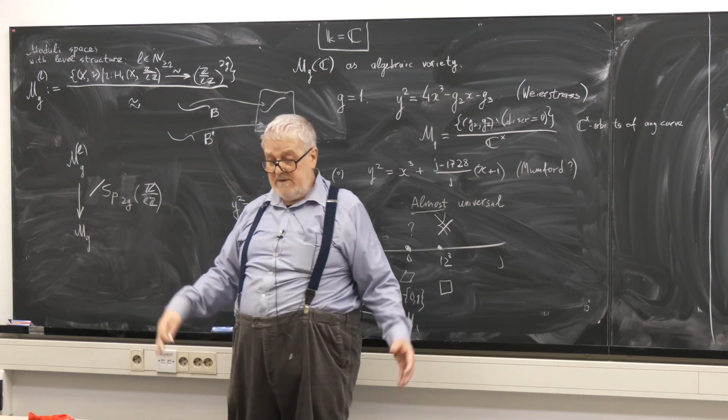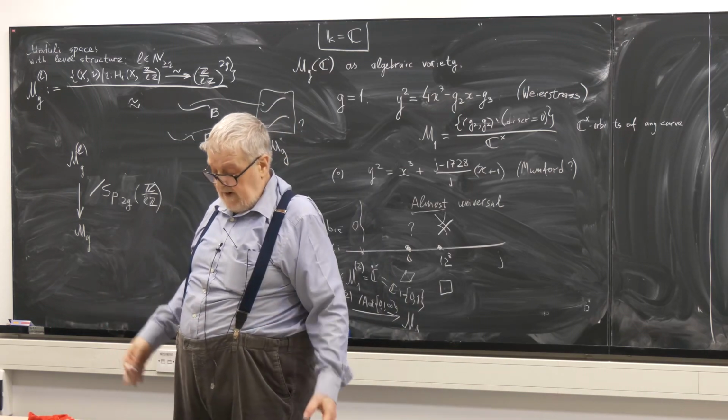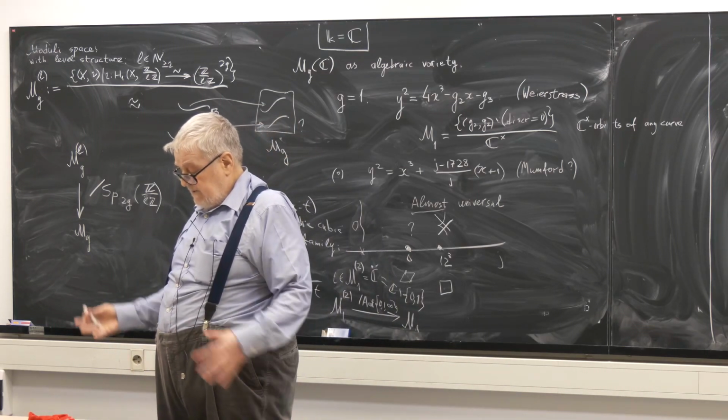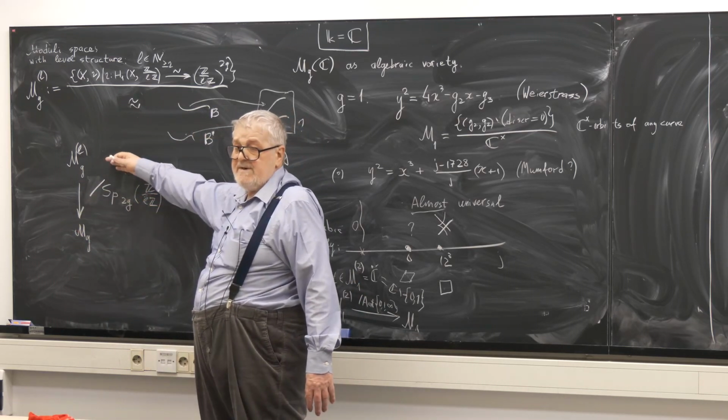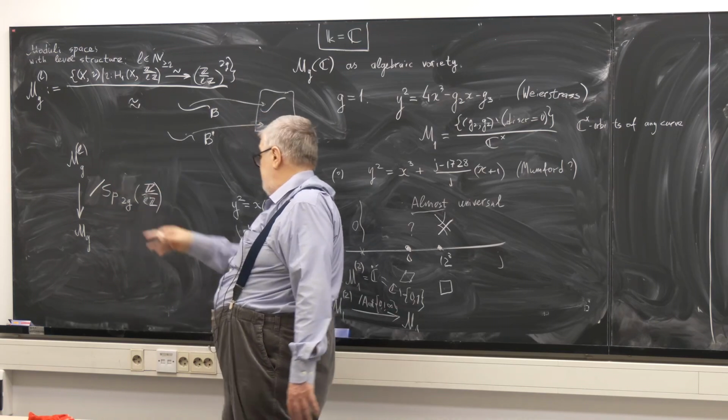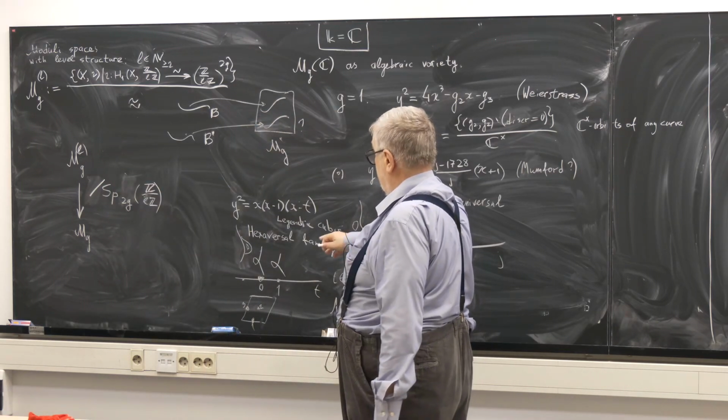So this is one of the easy steps to get: it is representable just because there are universal families like this one.